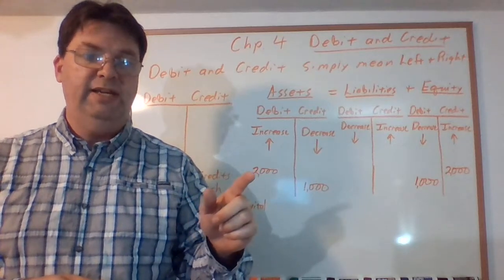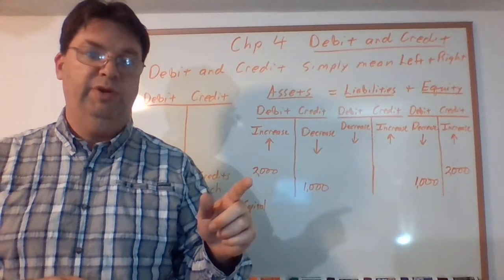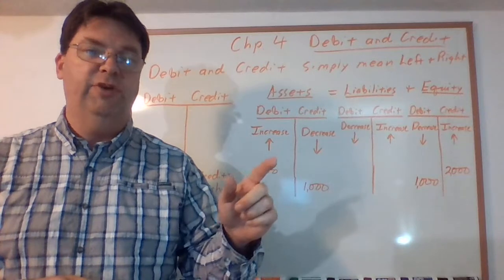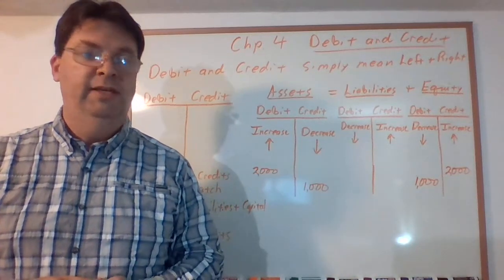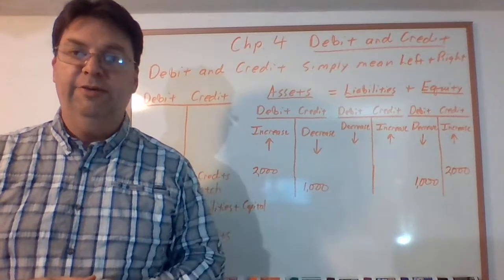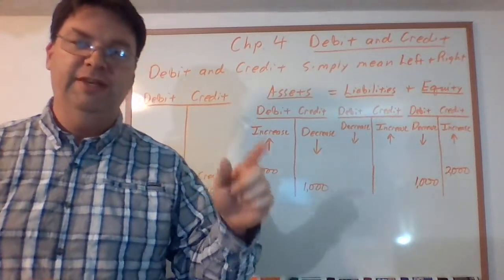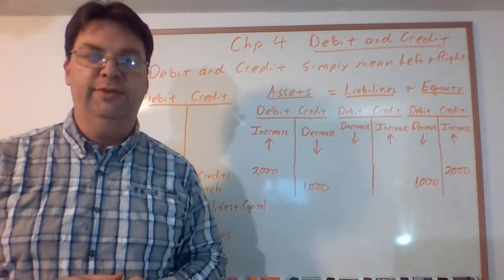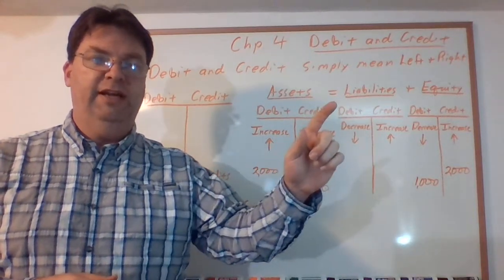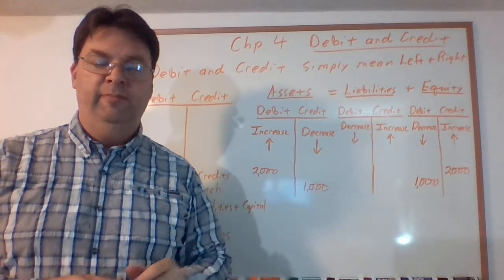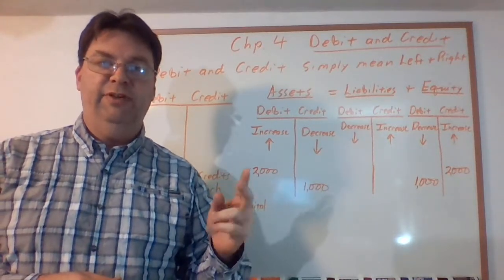Anytime we want to raise an asset value, we put it on the debit side. Every time we want to drop an asset value or decrease it, we put it on the credit side. That's all you got to do. This chapter is about working with this over and over and over and understanding these rules. Okay. Now, as we go across to the other side of the equal sign, what we're going to find is that everything is reversed.